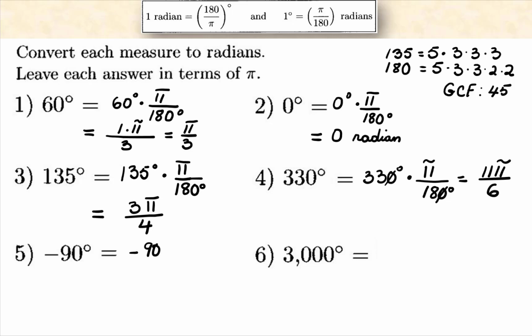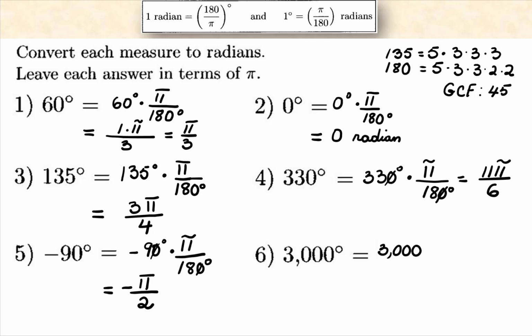The answer is 11 pi over 6. Negative 90 degrees times pi over 180 degrees. After we cancel the zeros, we can divide by 9. 9 goes into negative 9 negative 1 times, and into 18 2 times. Negative pi over 2.